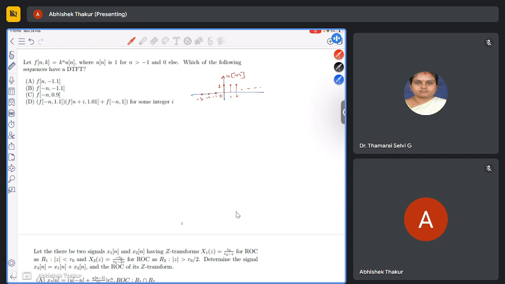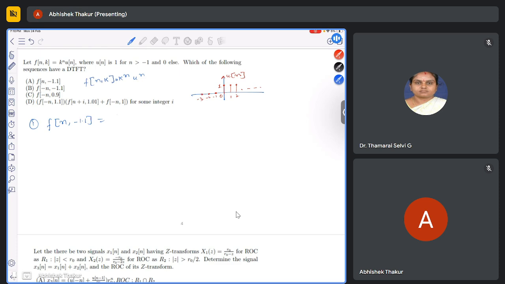Now the question asks, which of the following sequences have a DTFT? The first one is f[n] equal to minus 1.1 to the power of n. Our f[n] is k to the power of n u[n], so we'll substitute those values.